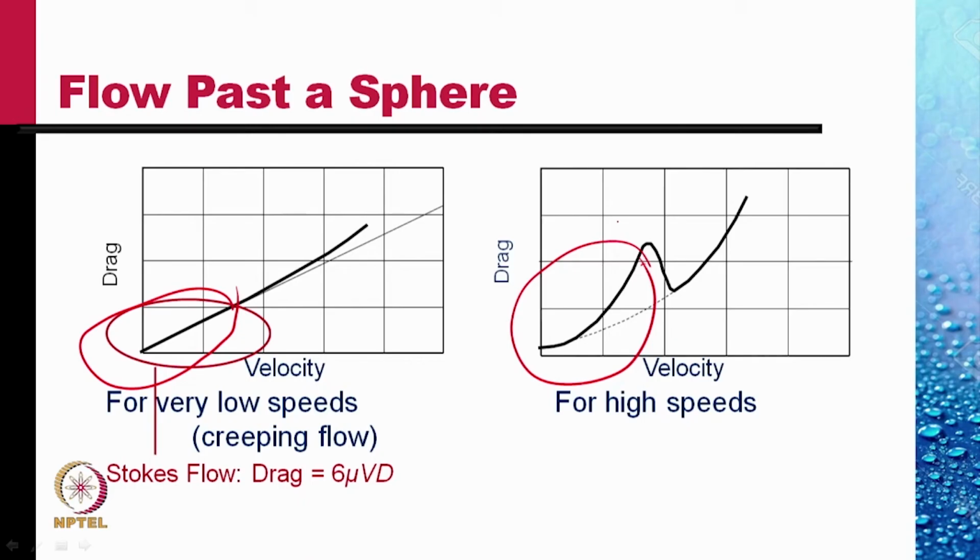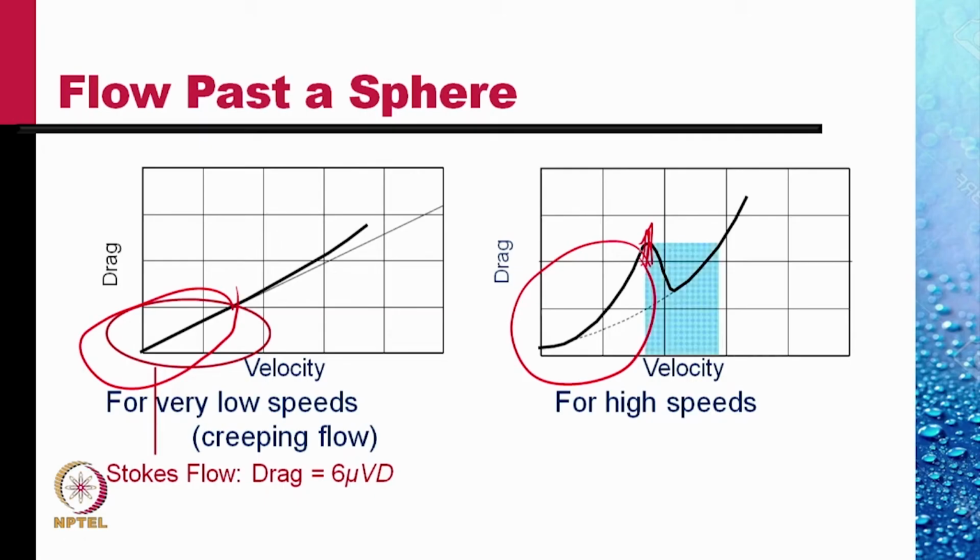As the velocity increases, the drag increases parabolically, like velocity square. But then at a certain velocity, actually a certain Reynolds number, there is a sudden decrease in drag. And then drag increases again with a relation which is parabolic again, but with a much lesser coefficient.